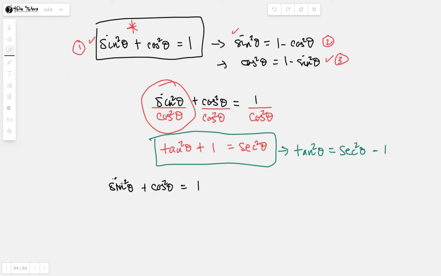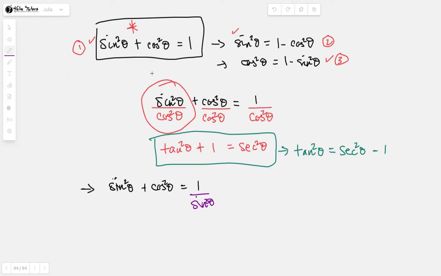Yes, exactly. So we could start here and do what to get to that identity? I'll get you started. Divide both sides by sine squared.